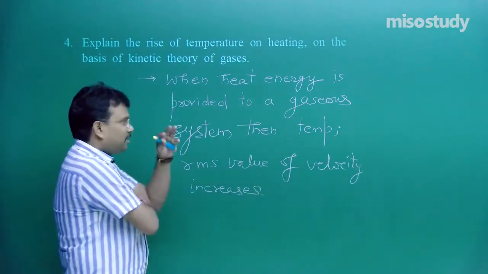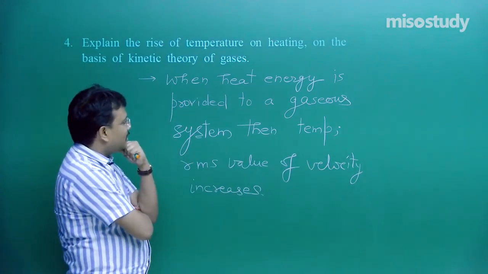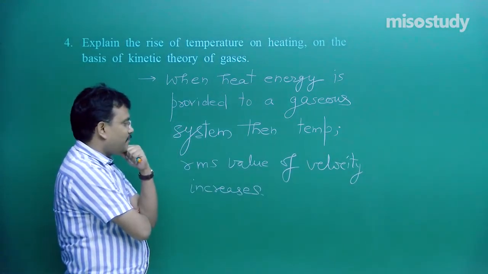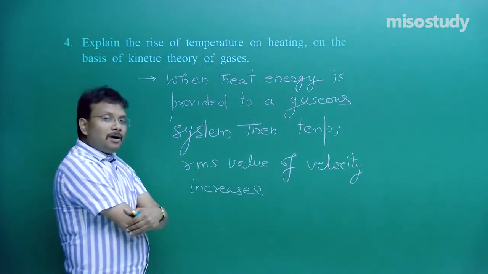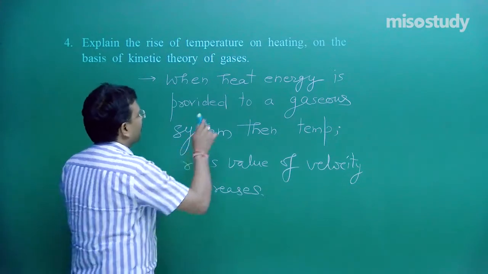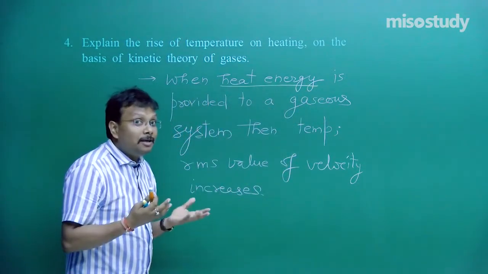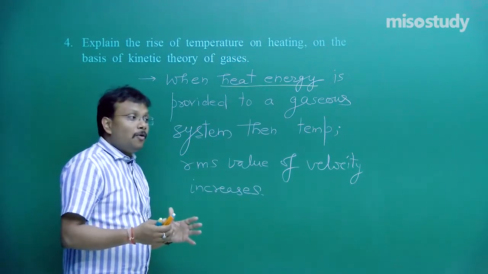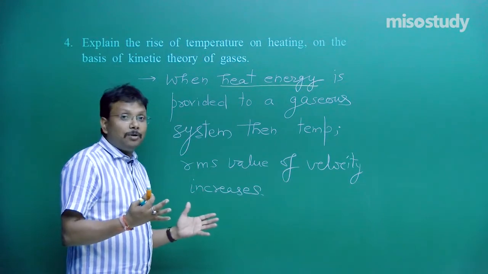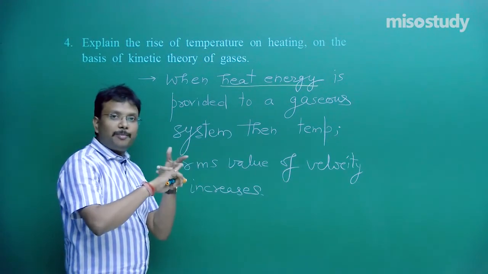You may say, sir, things are not clear. Heat energy we are providing, so the temperature and RMS value increase. What does it mean? So if we are providing heat energy, try to recall the coordinates in which we would like to talk about this gaseous system: pressure, volume, temperature.